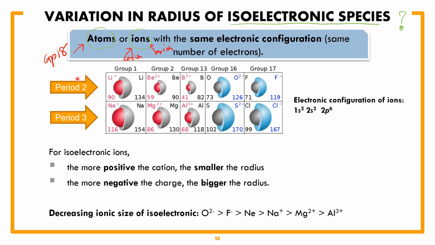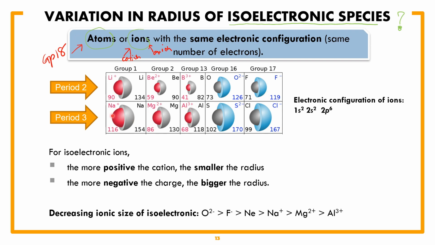So for the noble gas atoms and cations and anions having the same electronic configuration, they are called isoelectronic species. So here we have period 2 and period 3 elements or atoms with their respective ion. So adakah semua ion in period 2 ini mempunyai elektron configuration yang sama?